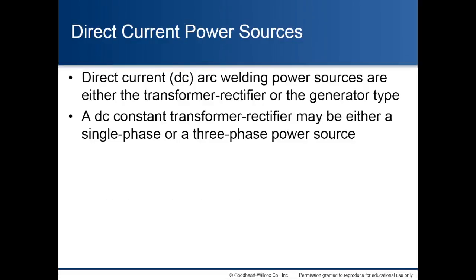Direct current power sources. Direct current arc welding power sources are either the transformer rectifier or the generator type. A direct current constant transformer rectifier may be either a single-phase or a three-phase power source.